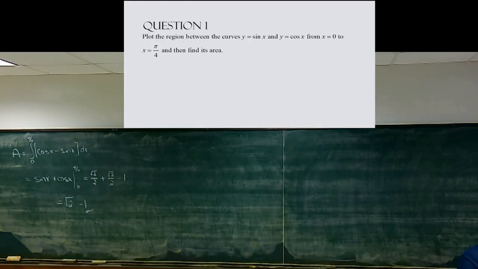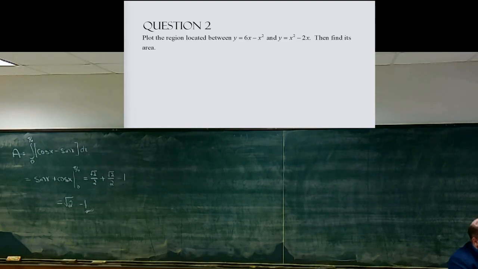Well, that was easy. Nothing like the integrals you had to do on the exam. So I want to plot the region between these two curves and then find its area.